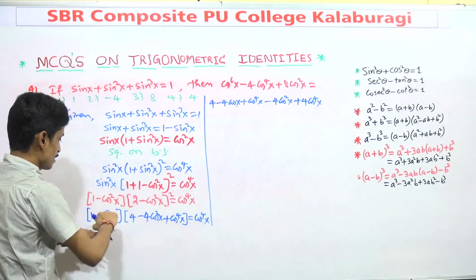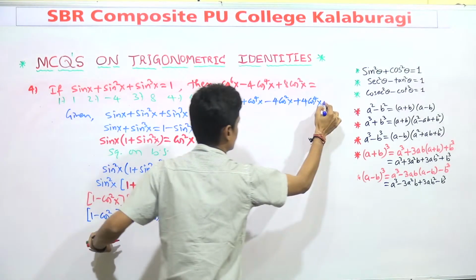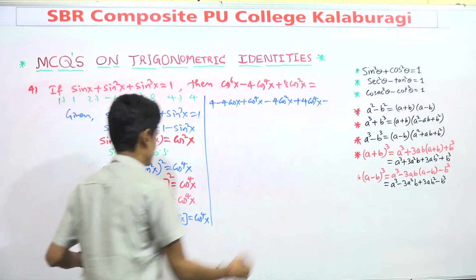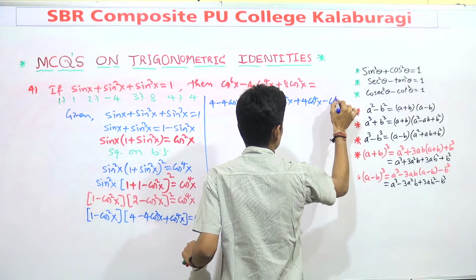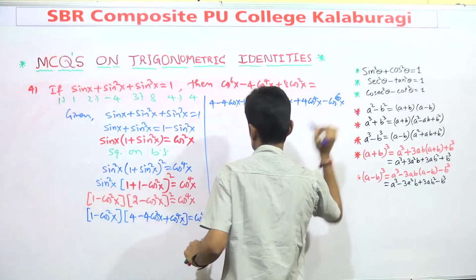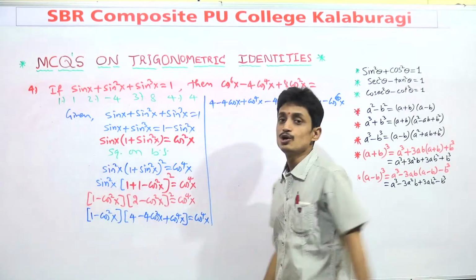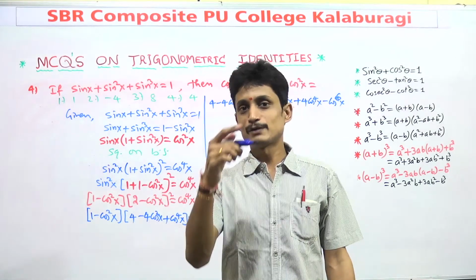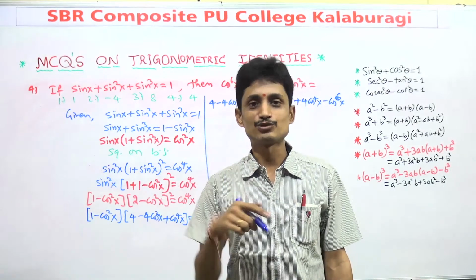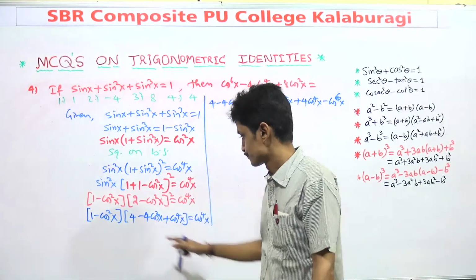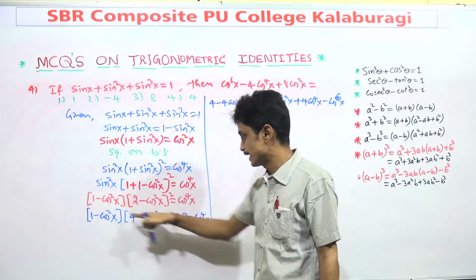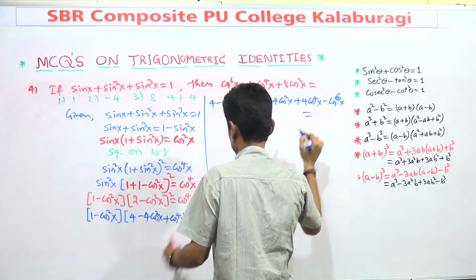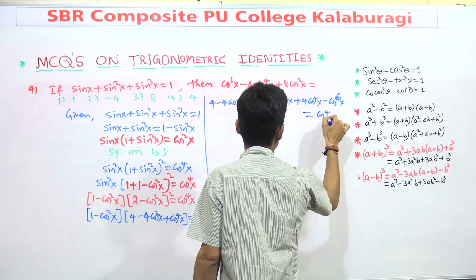Next this side, minus into plus is minus, what is that term? Cos power 6x, because cos square x into cos power 4x. Applying the first law of exponents, a power m into a power n is equal to a power m plus n. When bases are same, we just add the powers, 2 plus 4 is 6. And RHS side remains, that is cos power 4x.